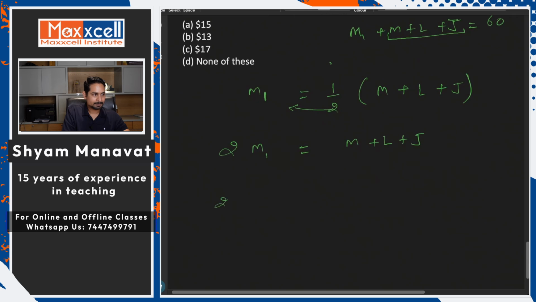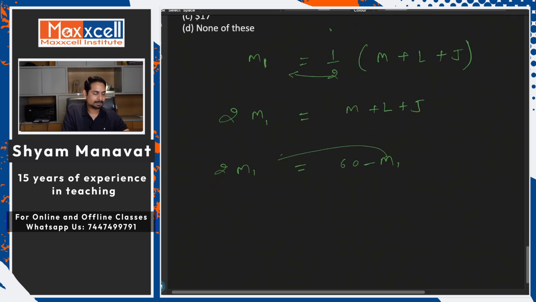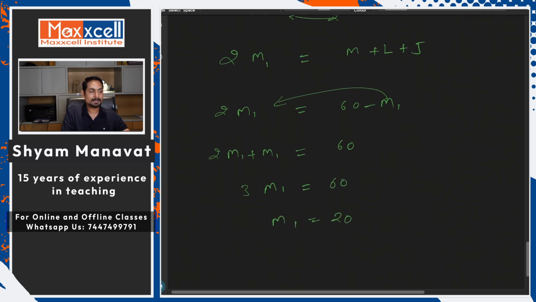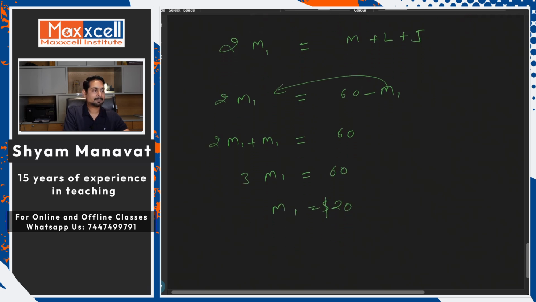Now, if I take M1 here, 2M1 plus M1 equals 60, right? That gets you thrice of M1 equal to 60, so M1 equals 20. So Mayank paid only $20. This is your first conclusion from the first condition.